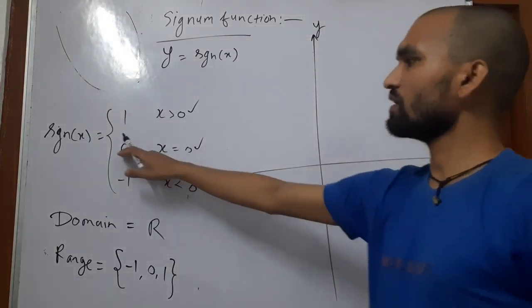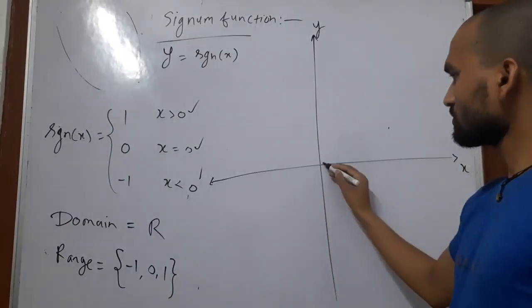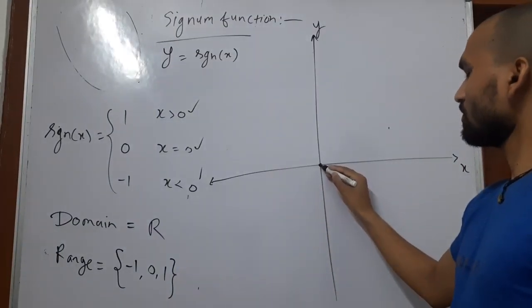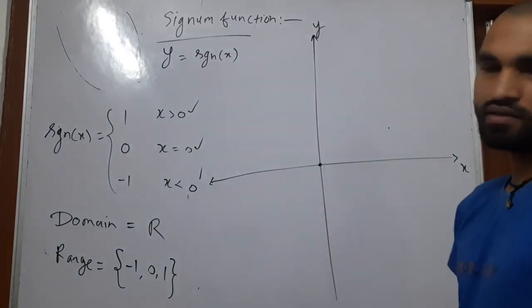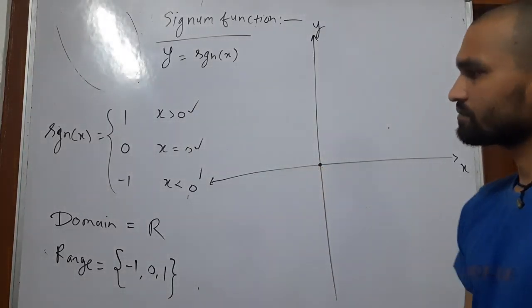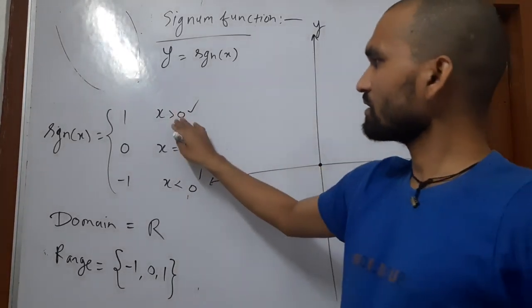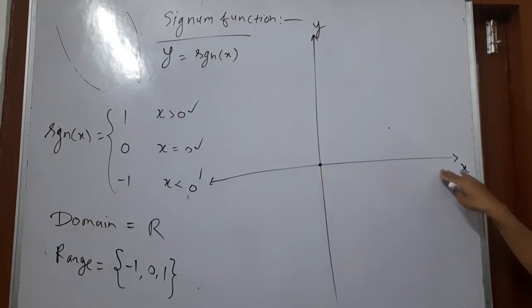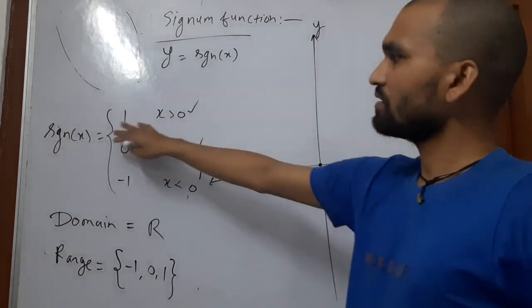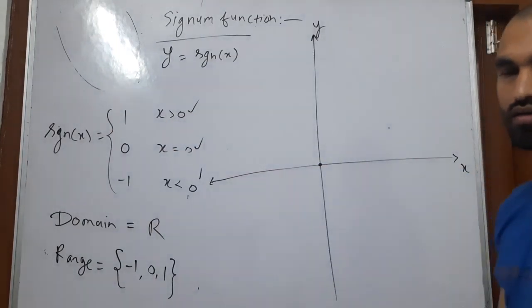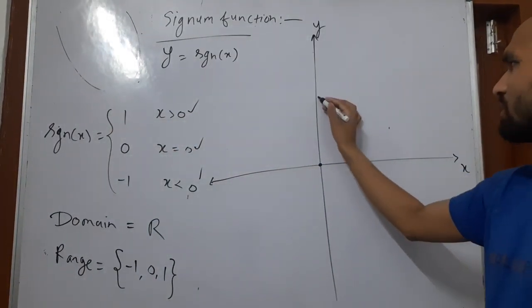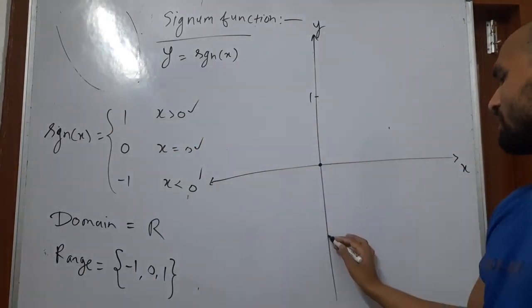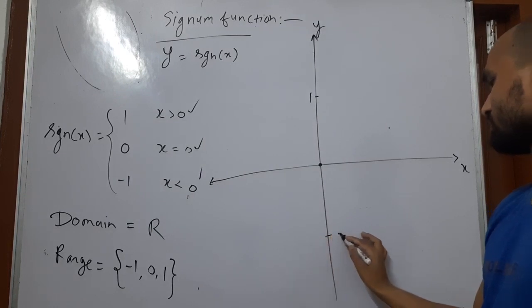So x = 0, y = 0, that is our origin. Now x greater than 0 means we move towards the right side of the x axis from the origin. When x is greater than 0, the value of signum x is 1. So 1 is somewhere here and negative 1 is somewhere here.